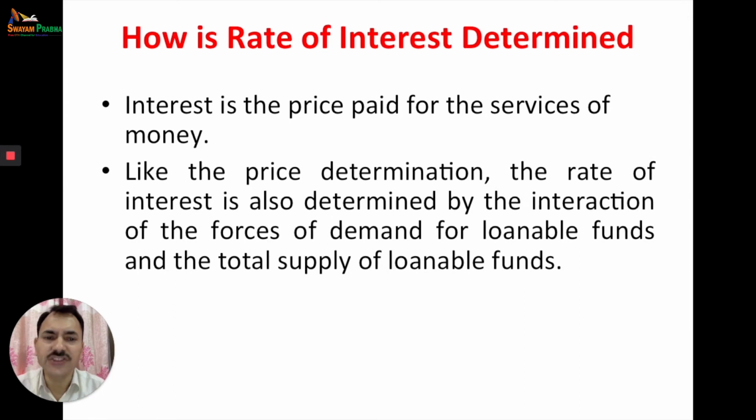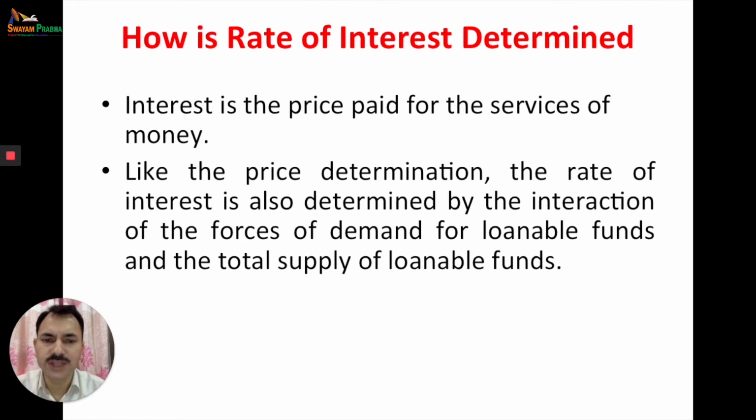Like price determination, the rate of interest is also determined by the intersection of forces of demand for loanable funds and supply of loanable funds. Like the price of a commodity, the market mechanism plays an important role. Market mechanism means the demand and supply forces of the market decide the prices.